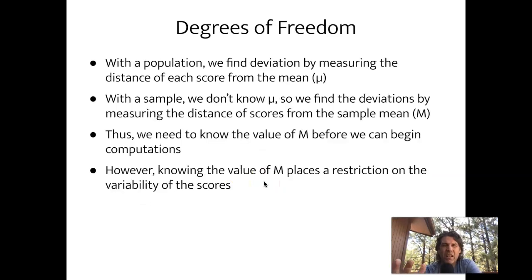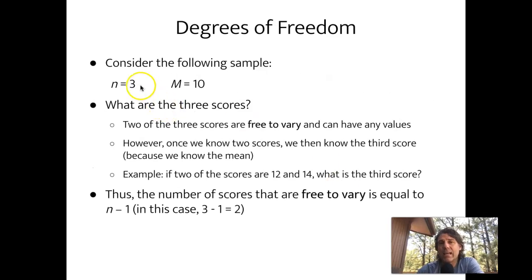Now, all of that sounds really kind of hard to follow, and absolutely it is. So I'm going to try to use a solid example that's a little more tangible to try to explain this idea of restriction on the scores. So with this same notion, let's say I told you I had a sample of 3 scores. They were pulled from a population.